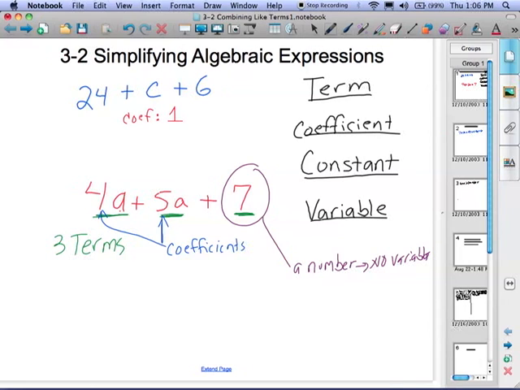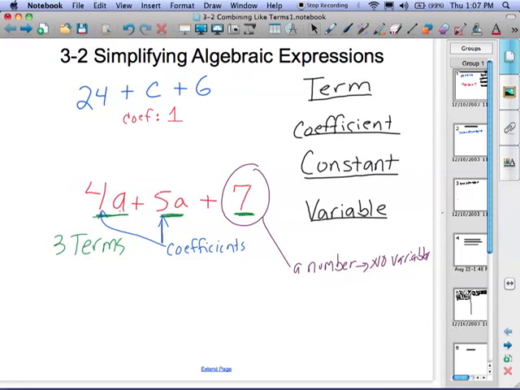In the above expression, 24 plus c plus 6, both 24 and 6 are constants. And the last word is variable. It's a letter used to substitute for a number that we don't know, an unknown quantity that you are attempting to find. So, 4 words: term, coefficient, constant, and variable.